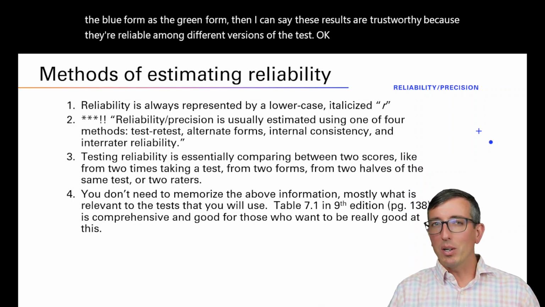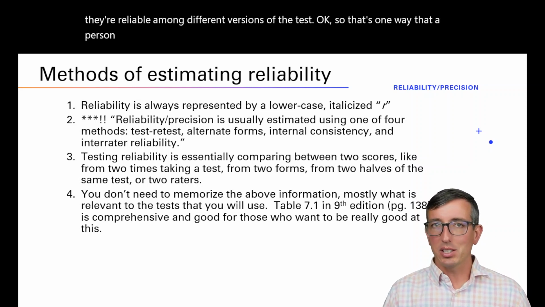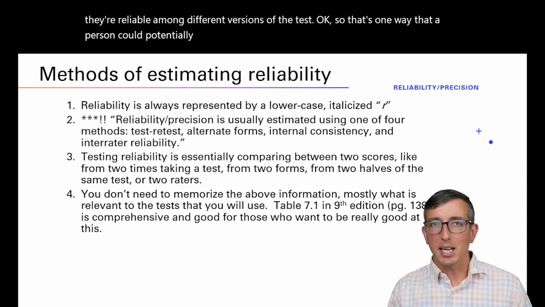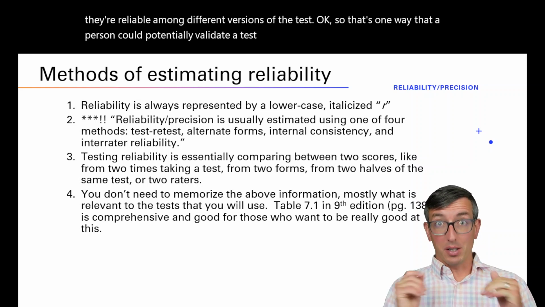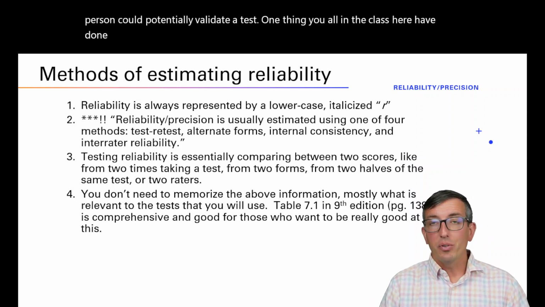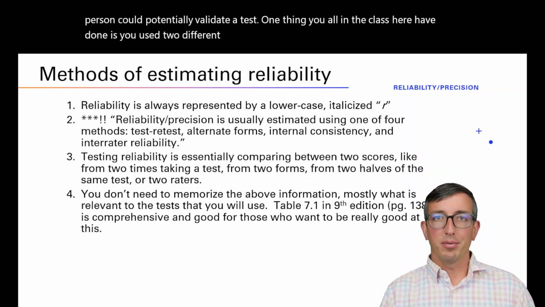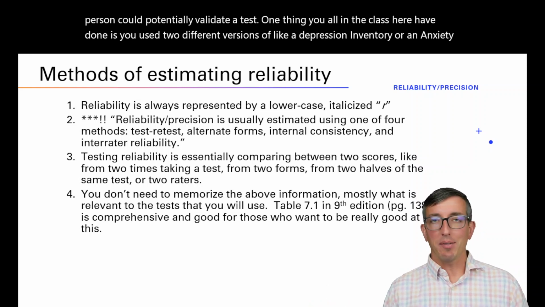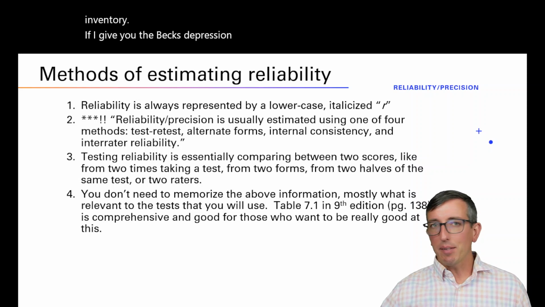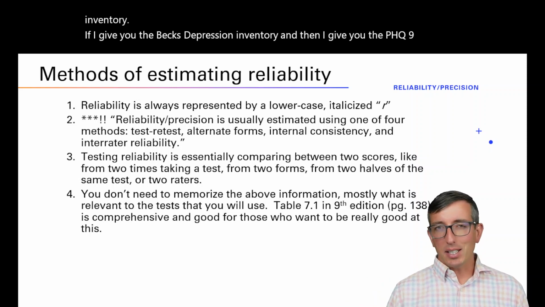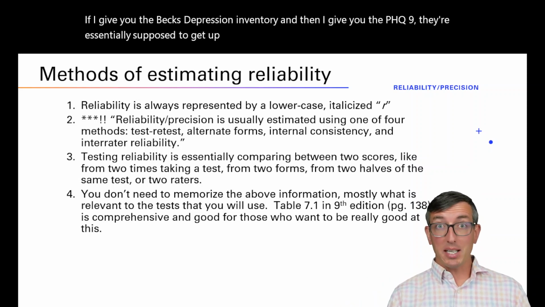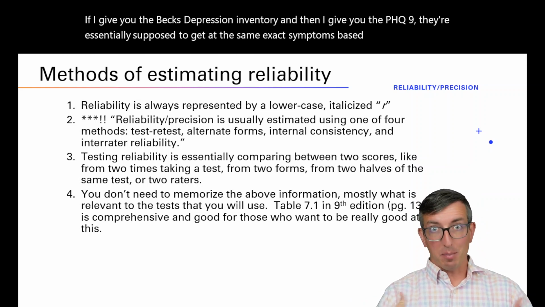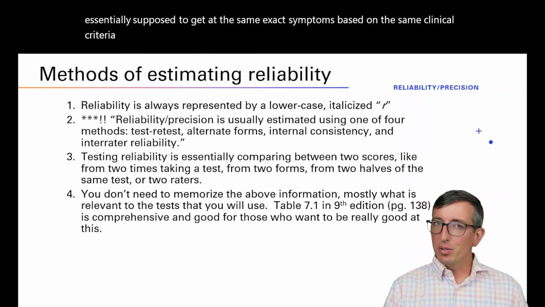Okay, so that's one way that a person could potentially validate a test. One thing you all in the class here have done is you used 2 different versions of a depression inventory or an anxiety inventory. If I give you the Beck's Depression Inventory and then I give you the PHQ-9, they're essentially supposed to get at the same exact symptoms based on the same clinical criteria, but they're 2 different tests.